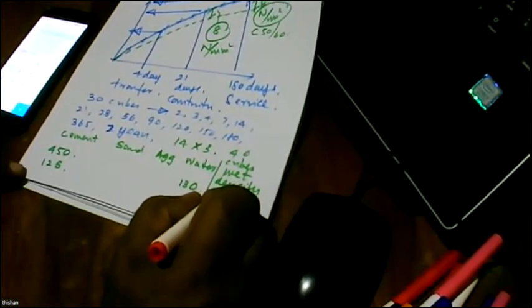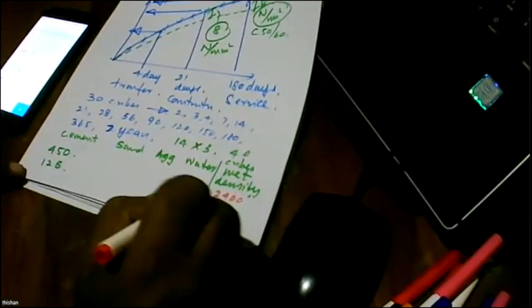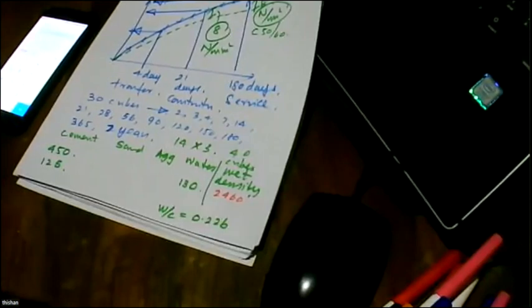And then the density also will reduce to about 2,400, maybe 2,460 might still be a valid number.